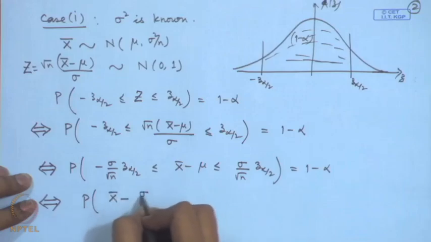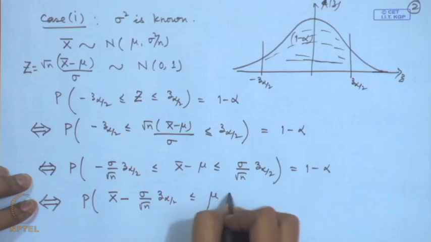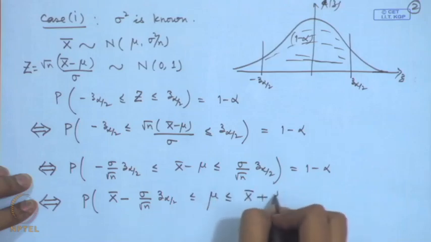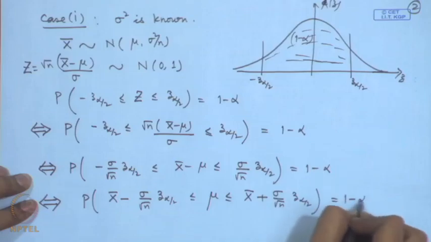That is, x bar minus sigma by root n z alpha by 2 less than or equal to mu less than or equal to x bar plus sigma by root n z alpha by 2 is equal to 1 minus alpha.